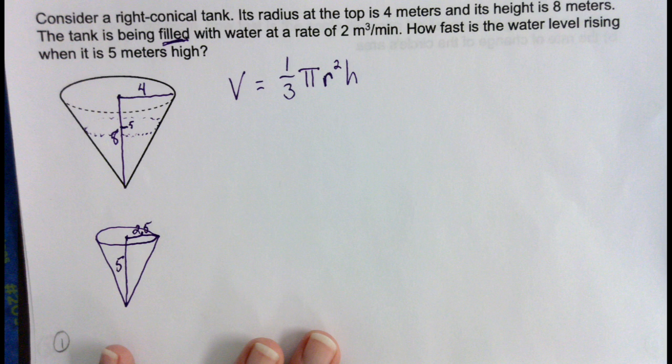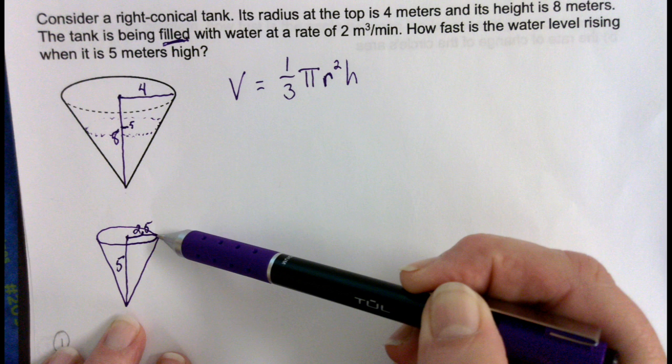So I'm actually going to put this in there, and I'll have 1/3 pi (H over 2) squared times H. And we are about to take the derivative. So I'd like to clean that up just a little bit. You don't have to, but it's a good idea.